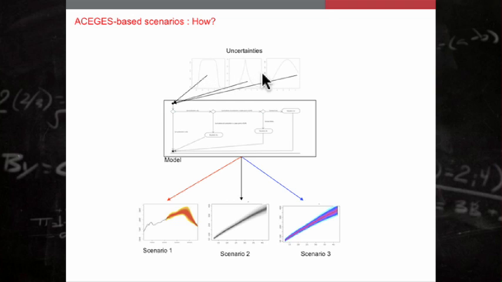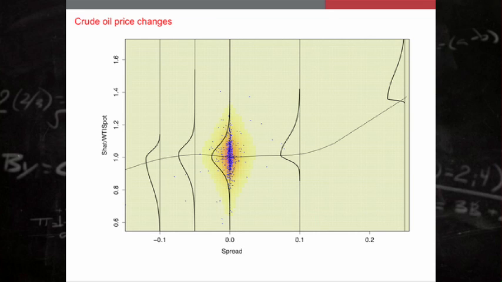Here is the different distributions that we assume based upon historical experience. We plug into the model and we come up with what we call continuous scenarios that will quantify the balance of risk between the different possible outcomes of the future. We do exactly the same thing, not only obviously for production, but also for crude oil prices.